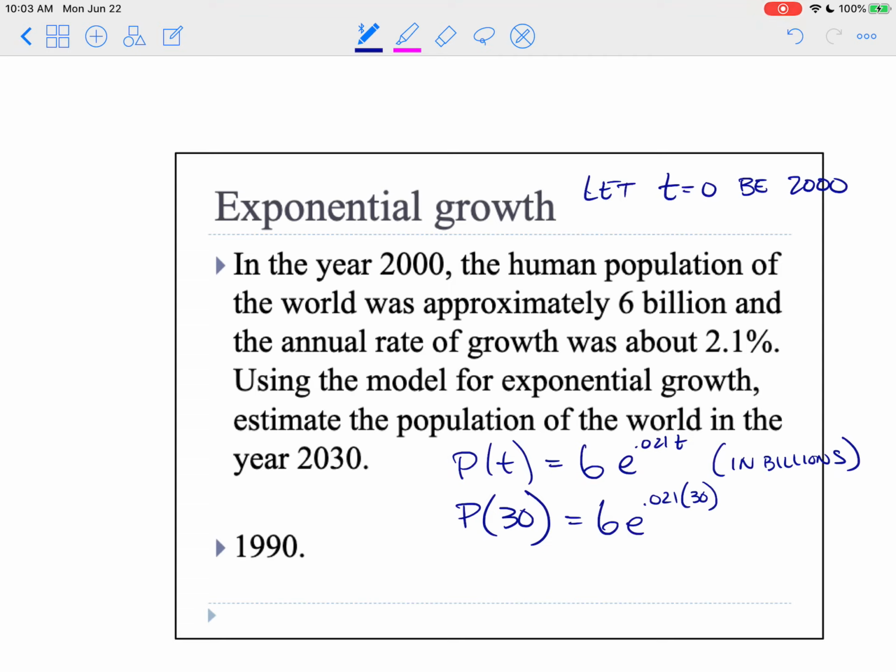If you hit second ln, you get e, and then there's already an exponent box set up for you. I'm going to plug in 0.021 times 30 in that box. I'm going to hit enter. I get 11.266 if I round, and that's again in billions.